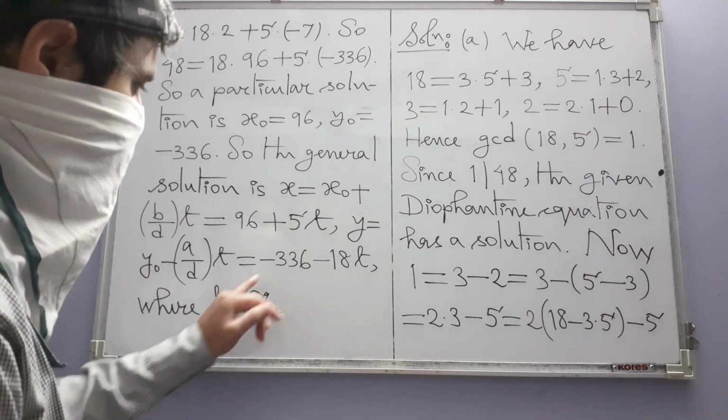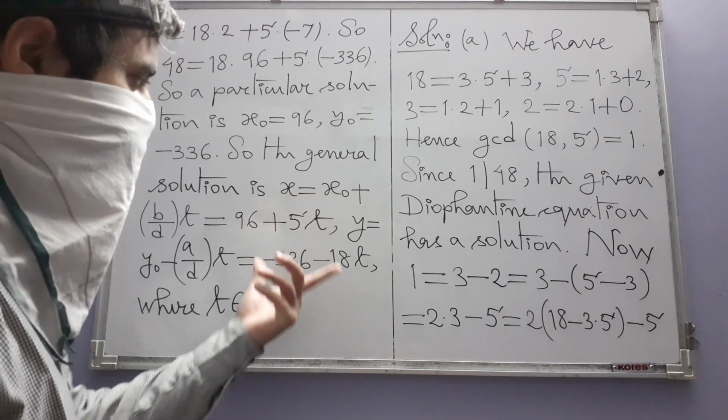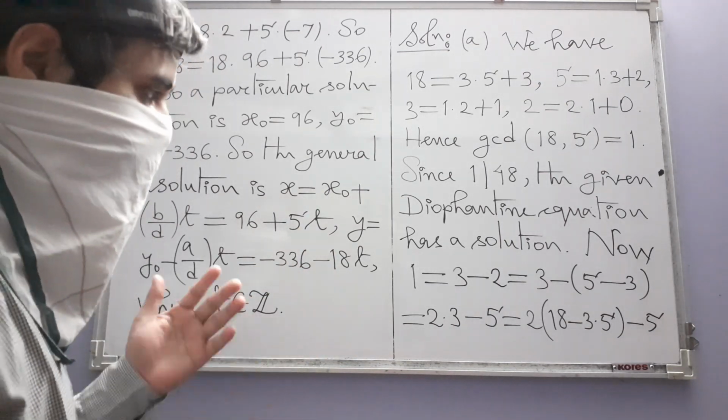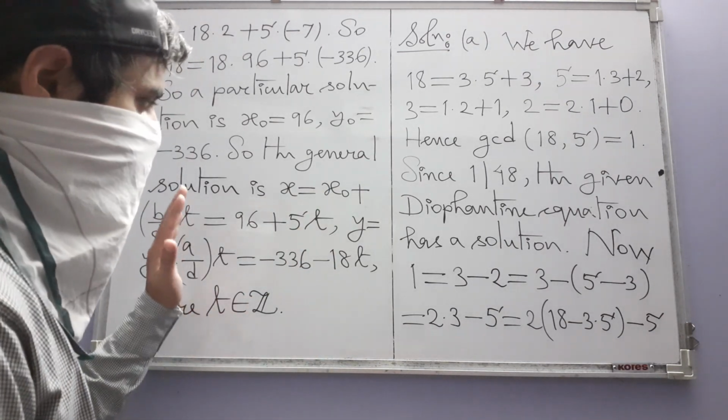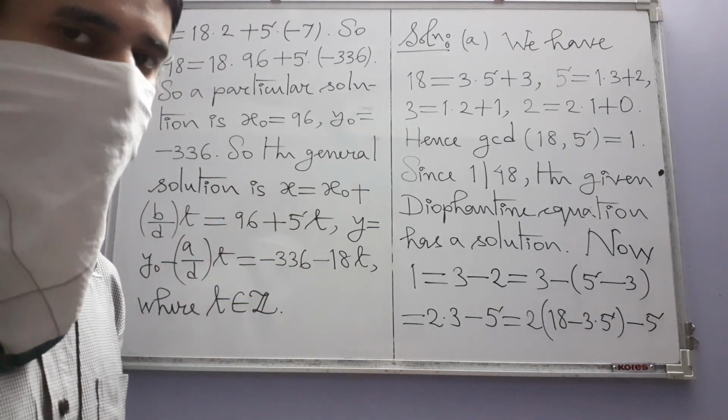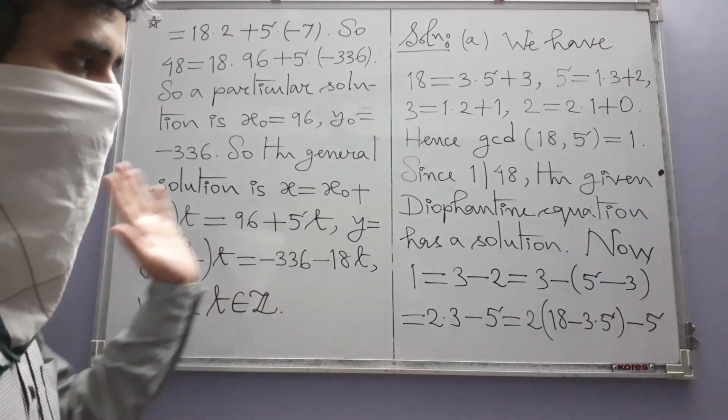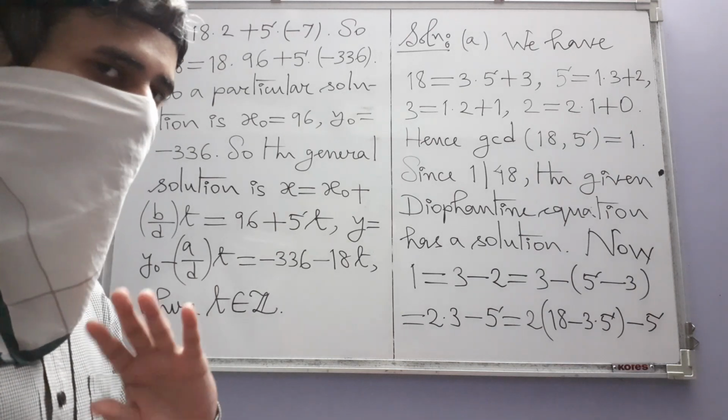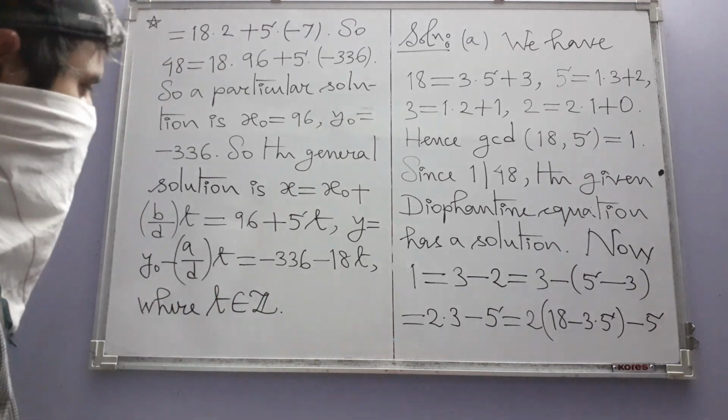For any integer t, this pair will give us a solution, and conversely they are all the solutions. So they form a general family in which all the solutions are available.